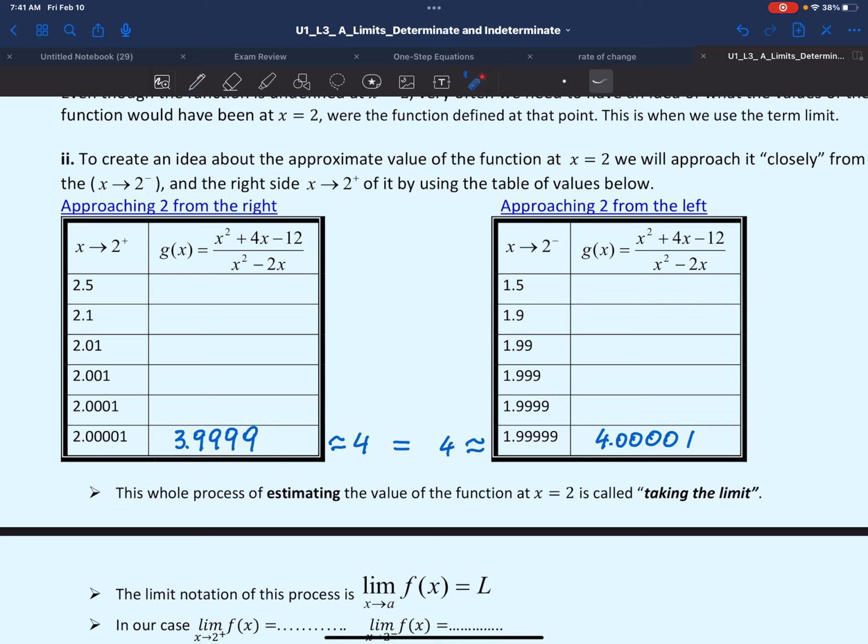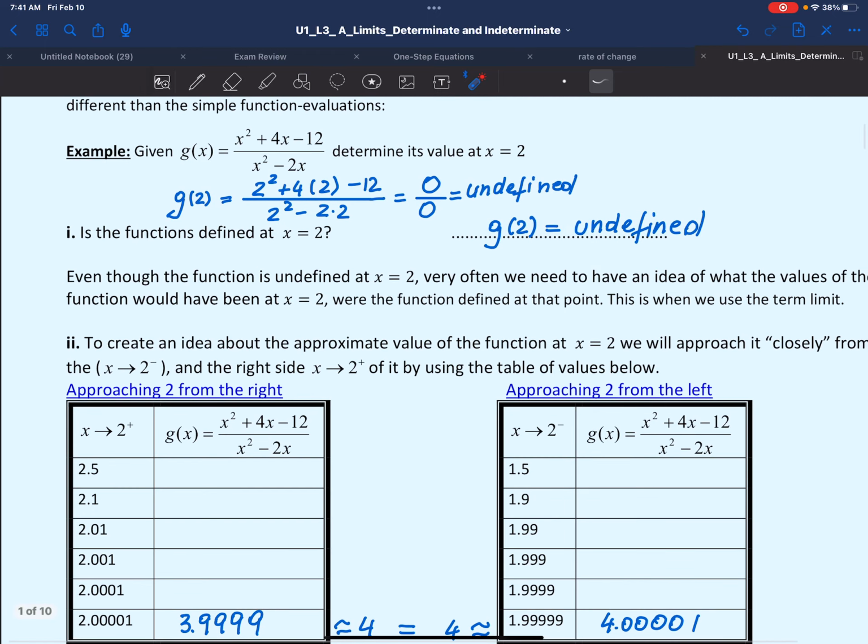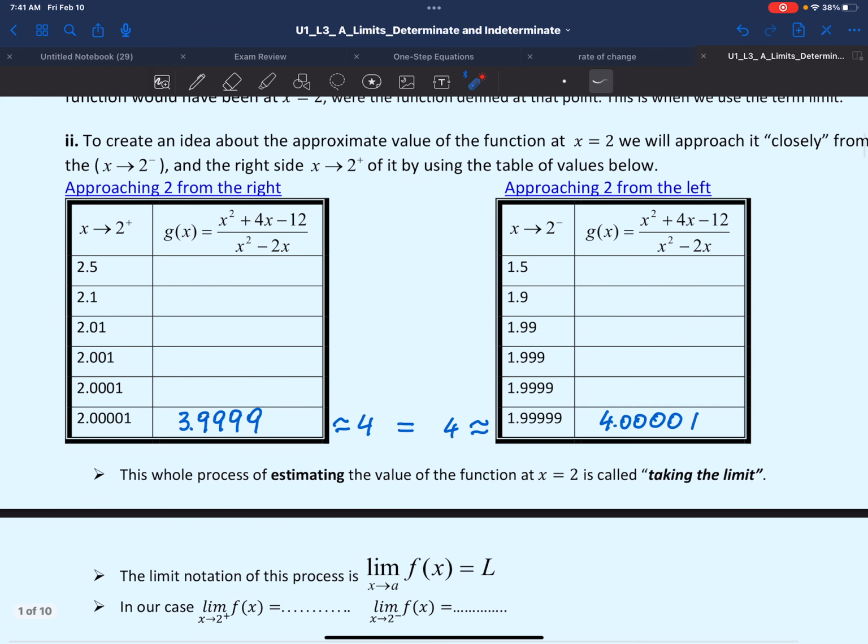As you can see, when we approach the function from the right side of x equals 2 and left side of x equals 2, the values of y will aim towards the same value. So we'll aim towards number 4. So in this case, we're going to say that, yes, the function is undefined at 2, but around x equals 2, the estimated values of y would be the same, equal to 4.